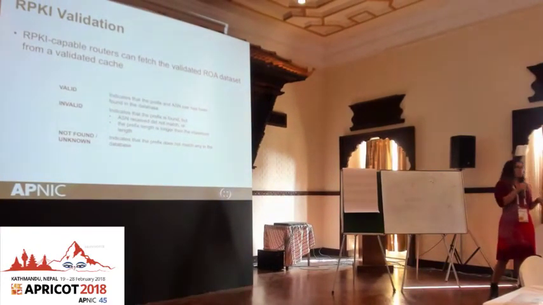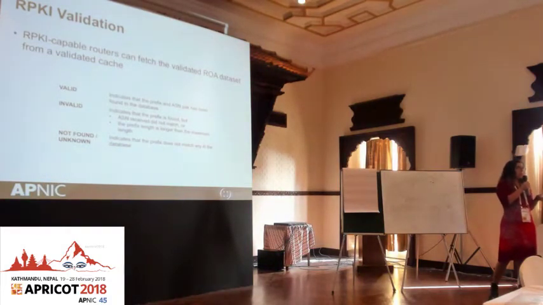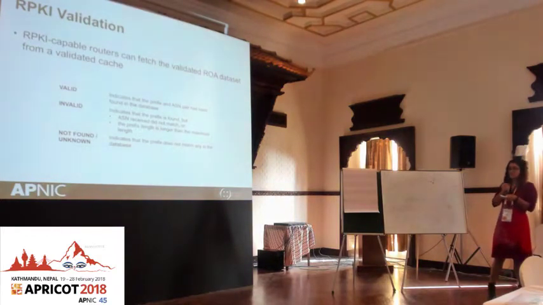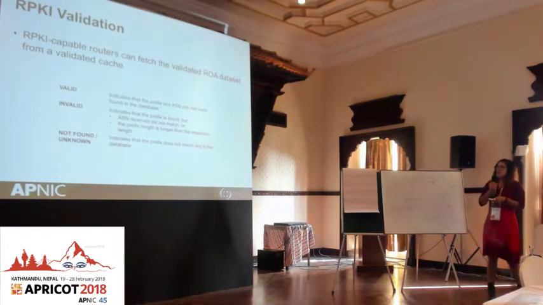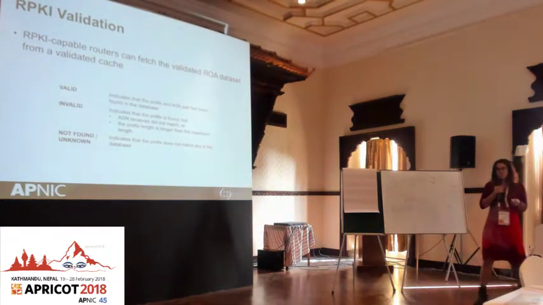If there is information for the prefix, but the origin AS is wrong, so it's a different origin AS, or the prefix length doesn't match, for example, if someone creates a ROA saying that a certain AS can deaggregate until a /22, but the router gets an announcement for a /24, the prefix length won't match, so the status will be invalid. And the third status is not found or unknown, in the case that there is no information about that prefix, so we cannot say if that BGP announcement is valid or invalid.